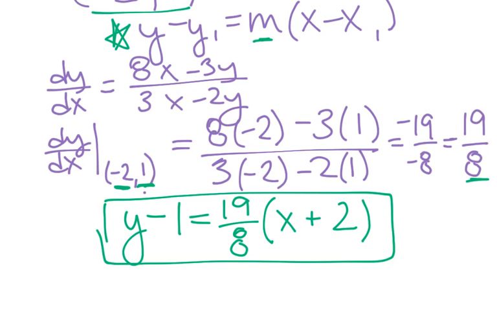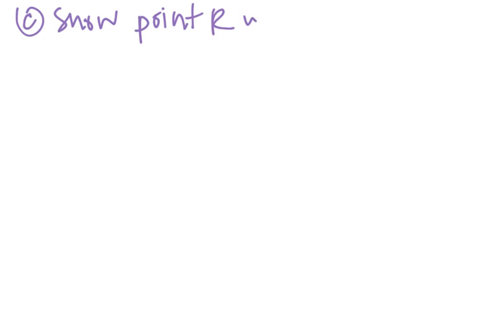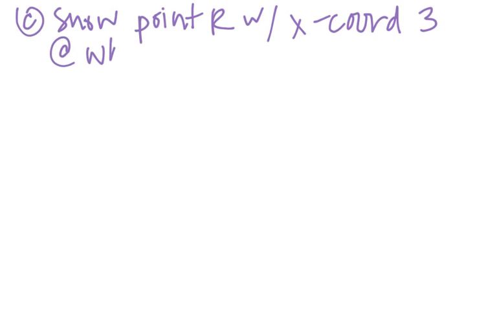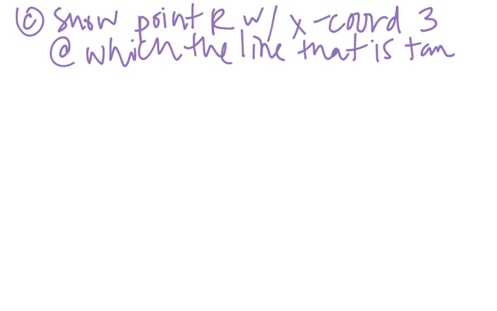Now on to part C. We're going to get a fresh page for this. Okay, part C asked us to show there is a point R with x coordinate 3, at which the line, sorry for the messy handwriting, that is tangent to the curve at R is horizontal.